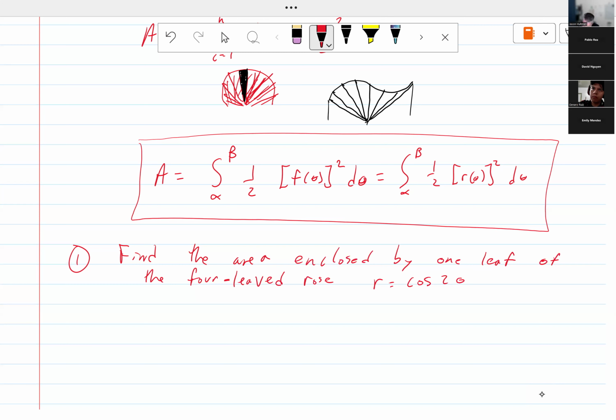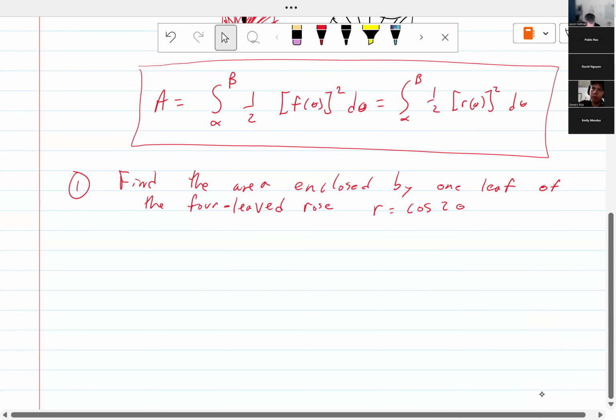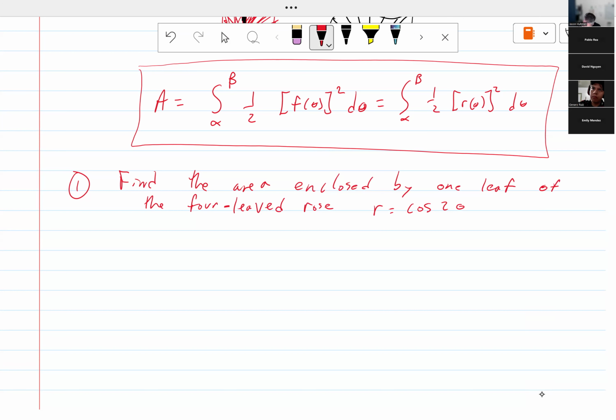What does r equals cosine 2 theta look like? Well, if I were to write out some values here, theta and then 2 theta and then cosine 2 theta, and then r and theta. Let's write out some values for this.